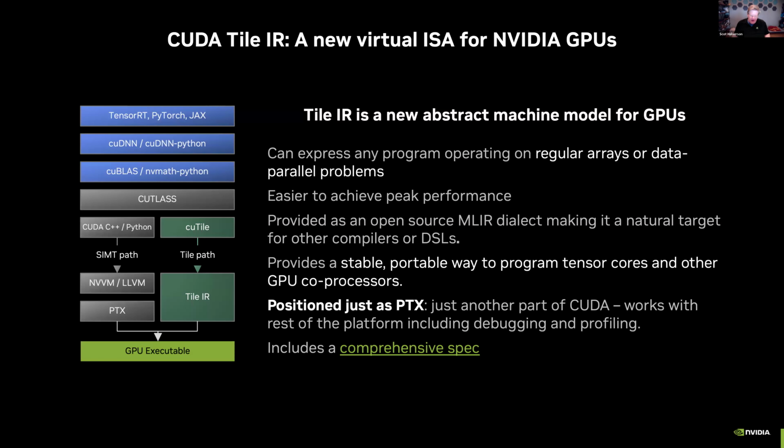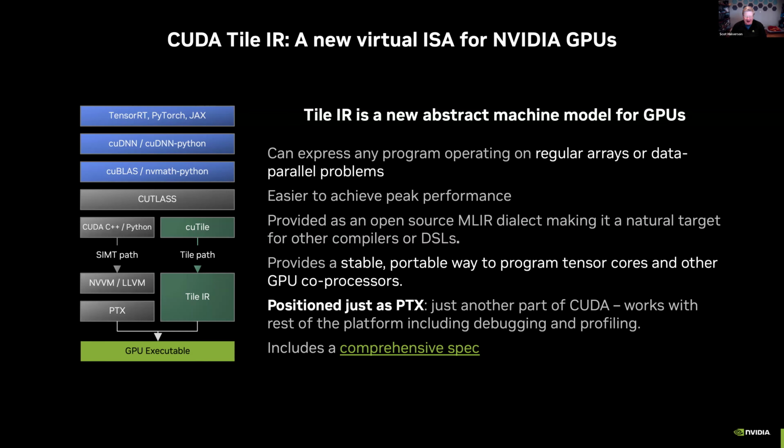So this gets into, what does this actually look like in practice? CUDA Tile IR is a new instruction set for NVIDIA GPUs. It's an abstract machine model for GPUs. What that means in practice is that you are no longer responsible for targeting the hardware specifics of the GPU that you intend on operating on.